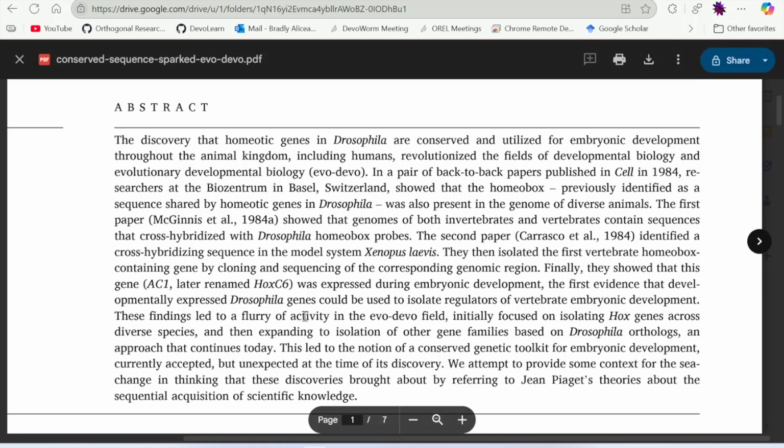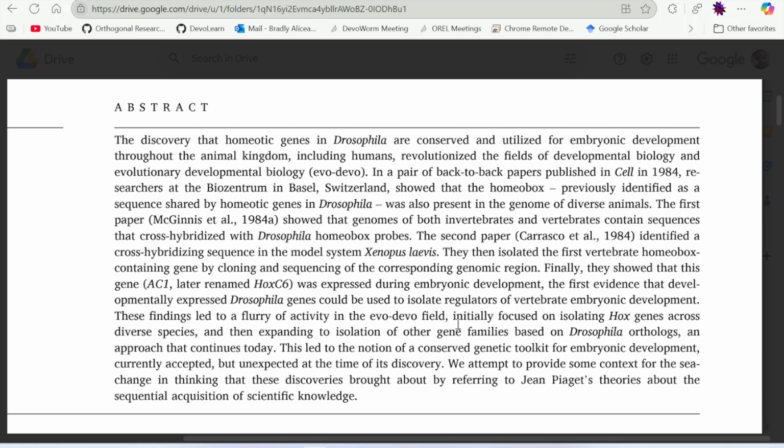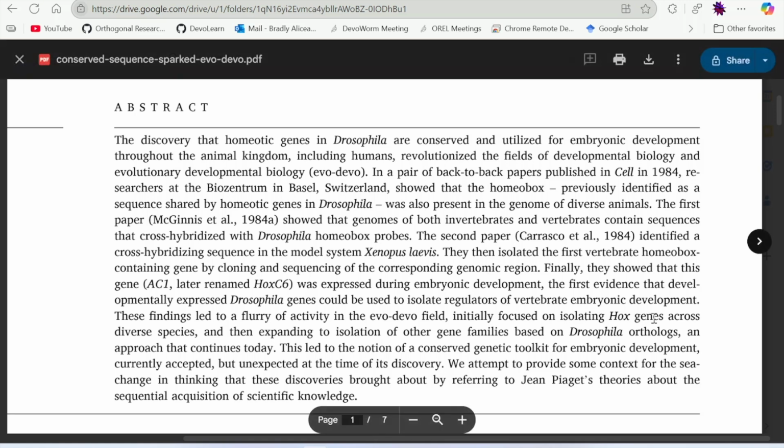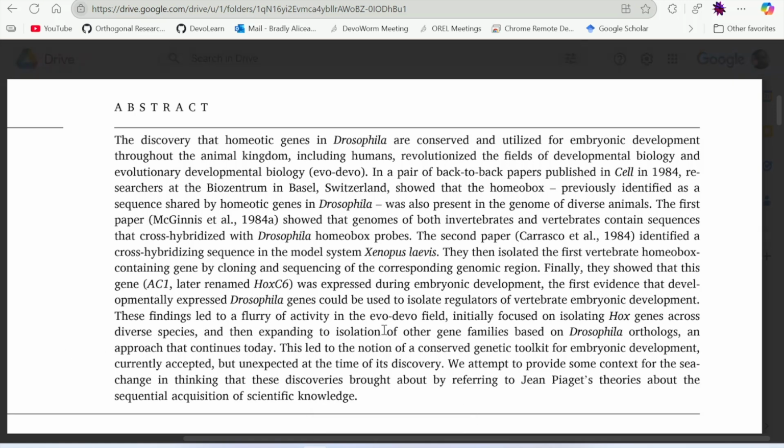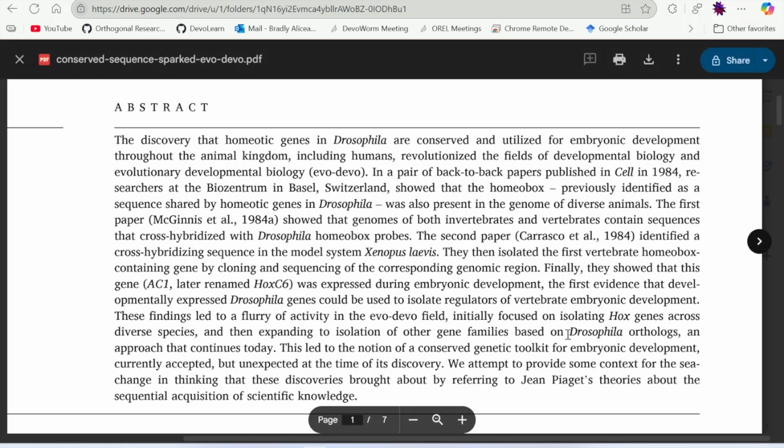These findings led to a flurry of activity in the EvoDevo field. This was from 1984 forward, initially focusing on isolating Hox genes across diverse species, and then expanding to isolation in other gene families based on Drosophila orthologs. Orthologs are genes that are homologous, and they retain similar functions across phylogeny.